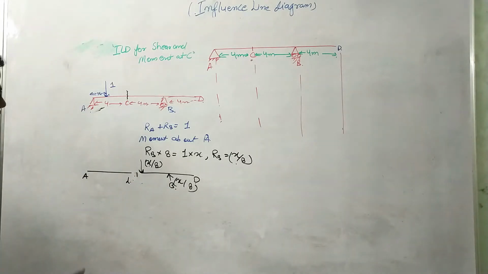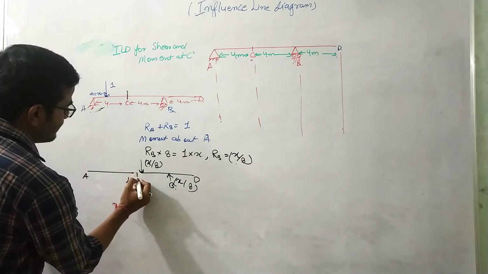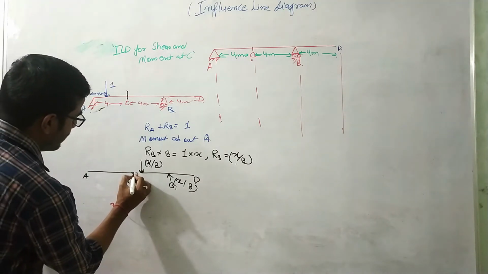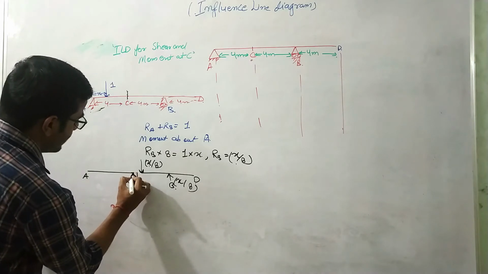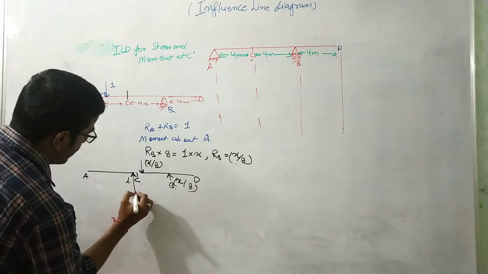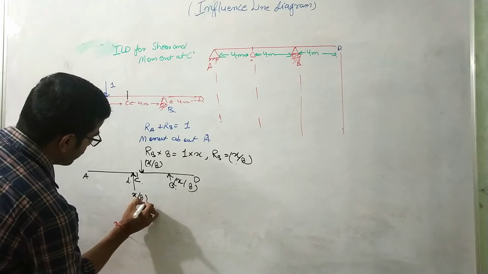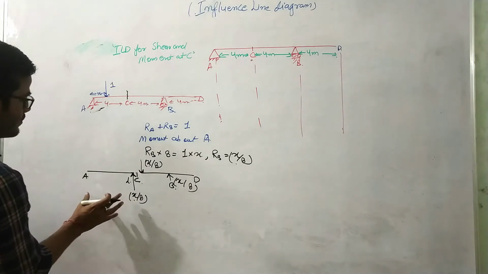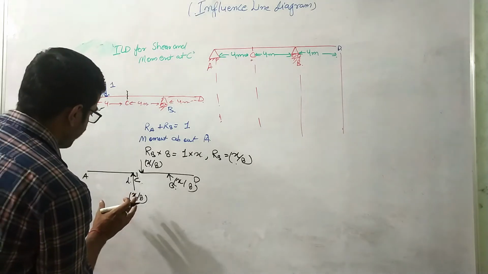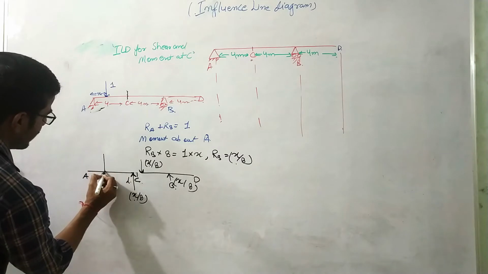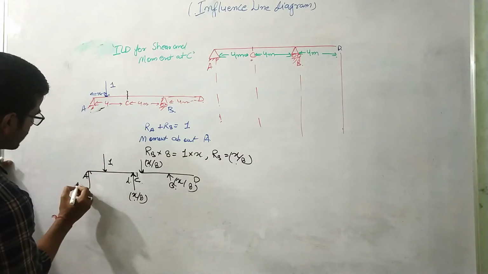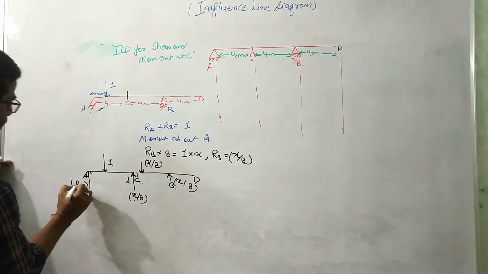Now at this C section, to balance this force, there must be a force applied at this point in this upward direction. So that must be equal to X by 8. Now you can see that our unit load is acting at this point, and again some RA reaction is generating at this point, right?